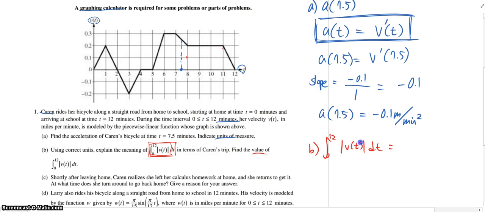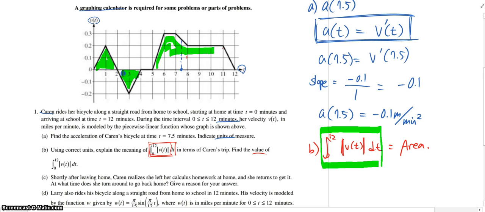The integral on the graph can be recognized as the area, and because there's the absolute value sign here, we're not getting the displacement, we're getting the total distance. So this notation, the integral from 0 to 12 of the absolute value of v(t) dt, is this whole area, this triangle, this whole weird looking shape.